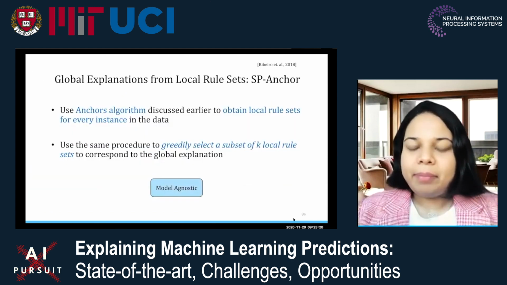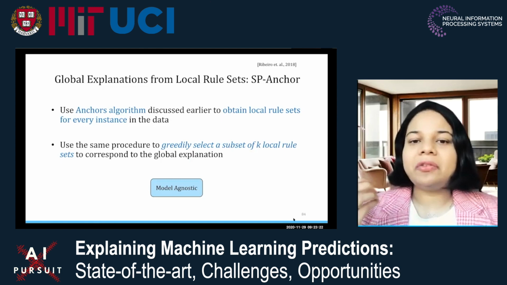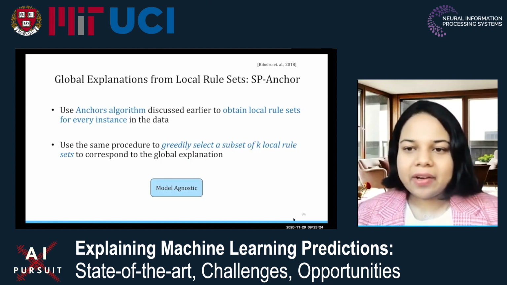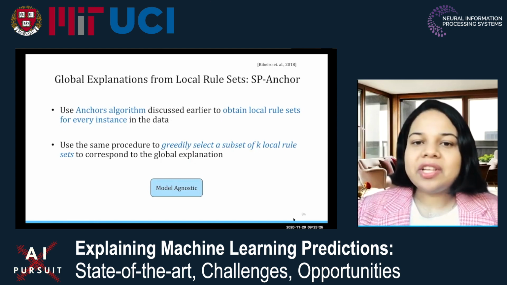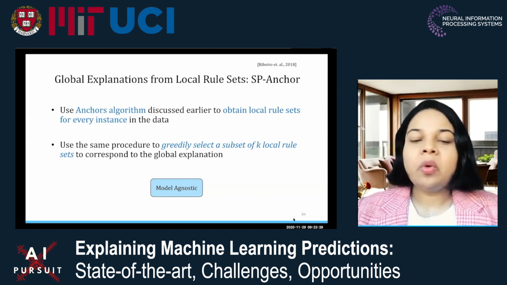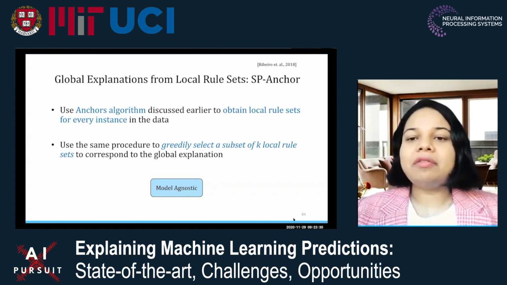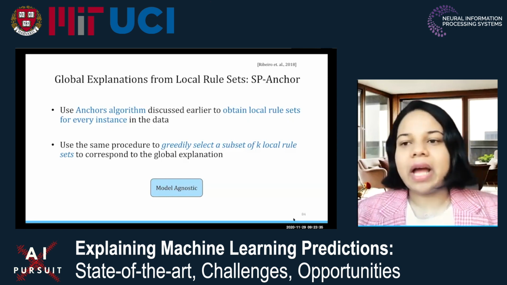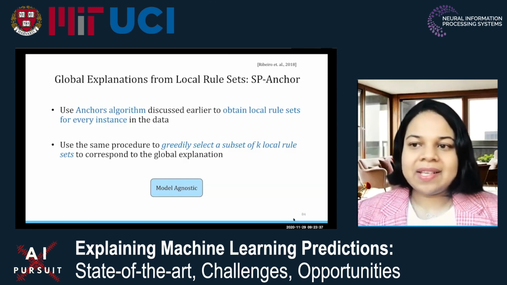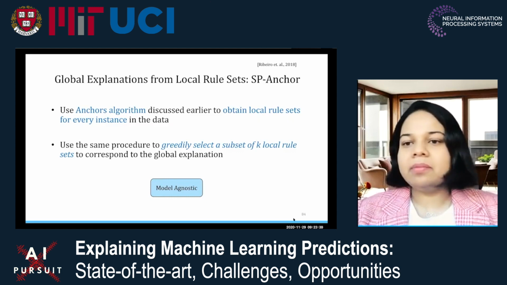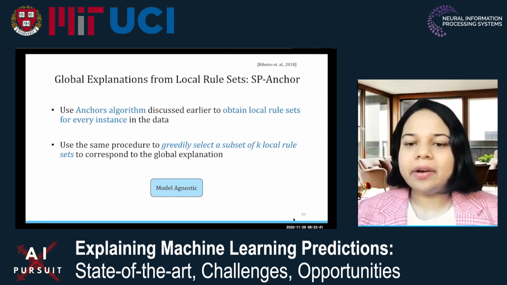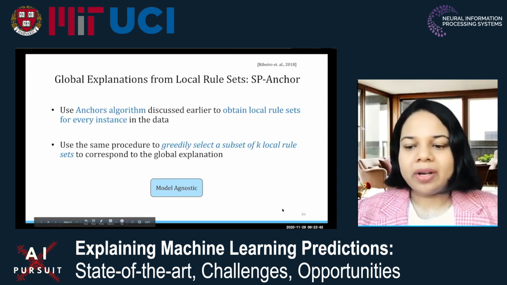Now, if we repeat the same procedure but replace LIME with Anchor's algorithm, we will obtain a global explanation which is a subset of k local rule sets because Anchor's algorithm actually outputs local rule sets. And even this algorithm, which is called SP-Anchor, is going to be model agnostic.